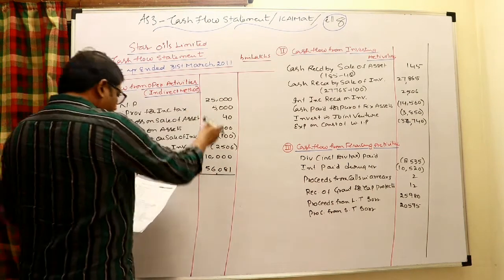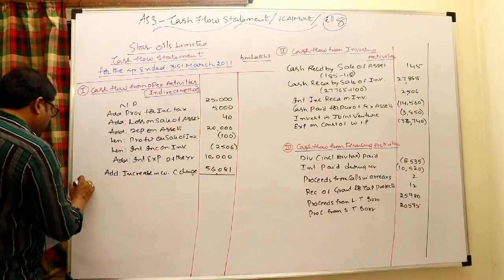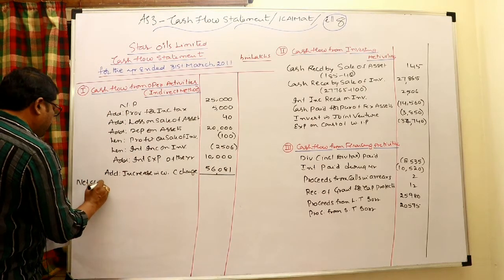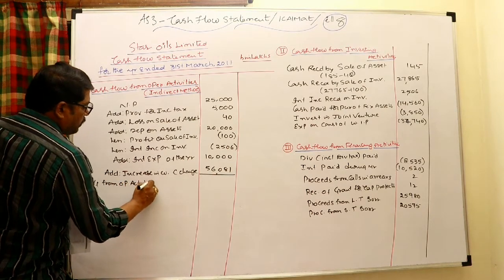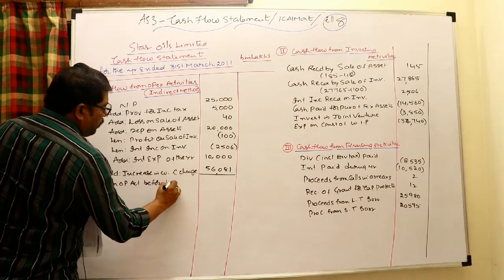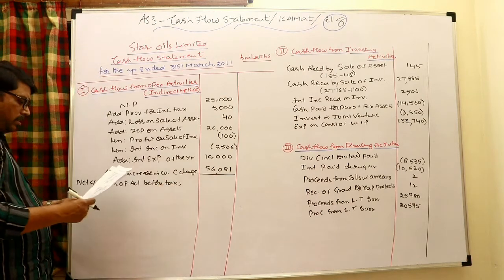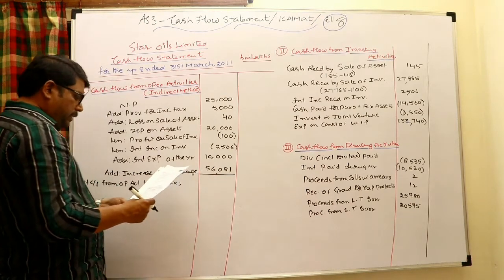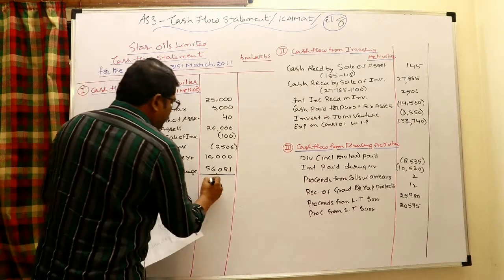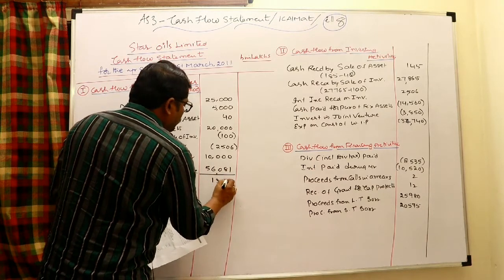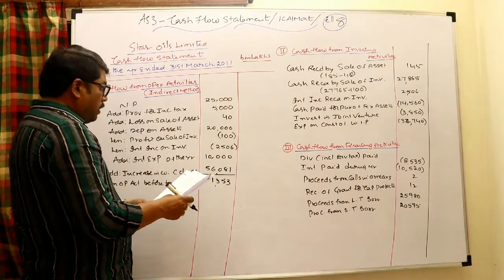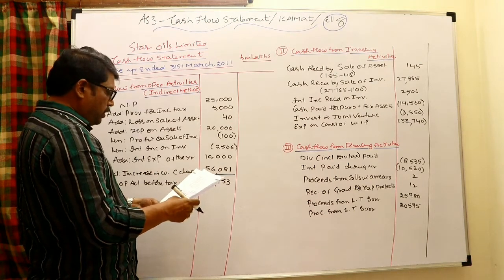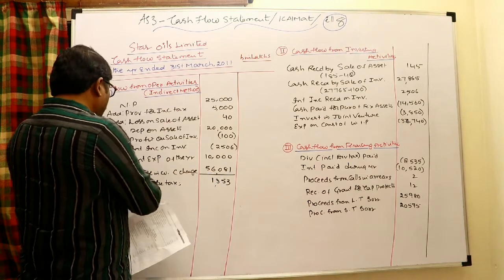By considering all these items, we can say net cash flow from operating activities before tax, income tax 1353. Yes, 2506, 10,000, 56,081.